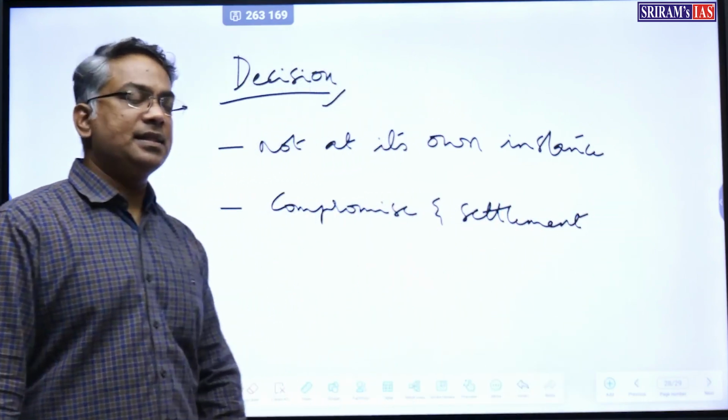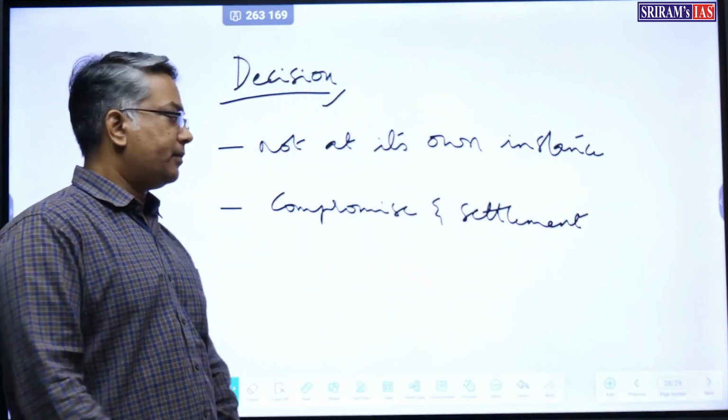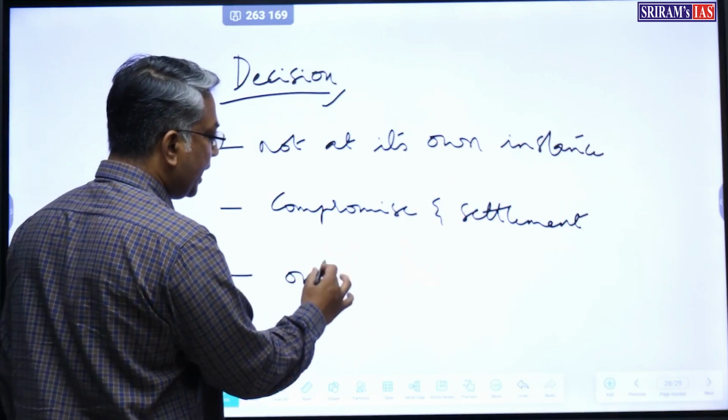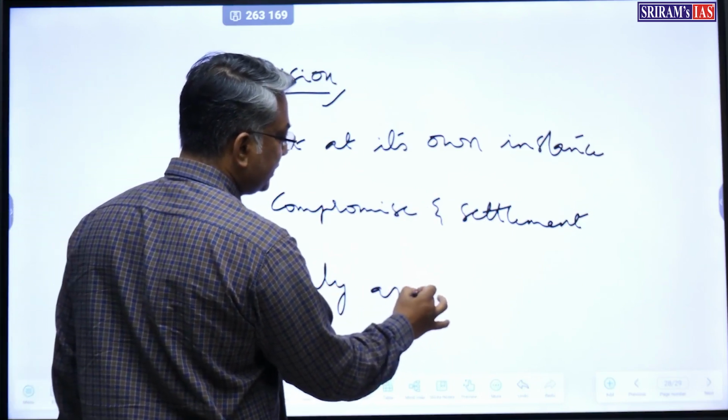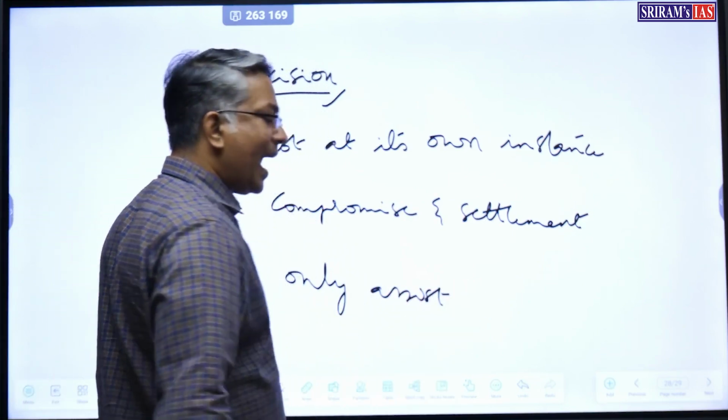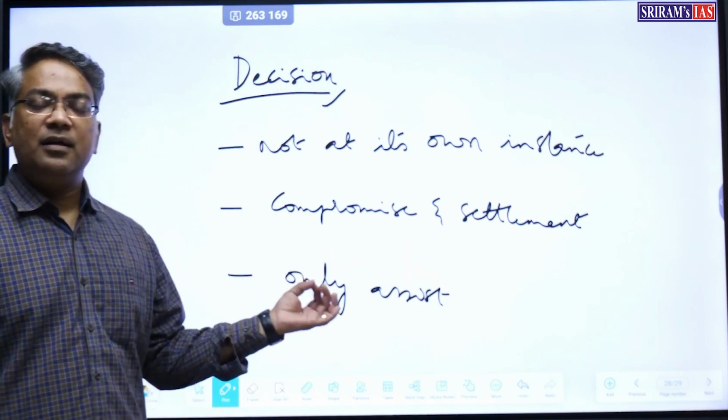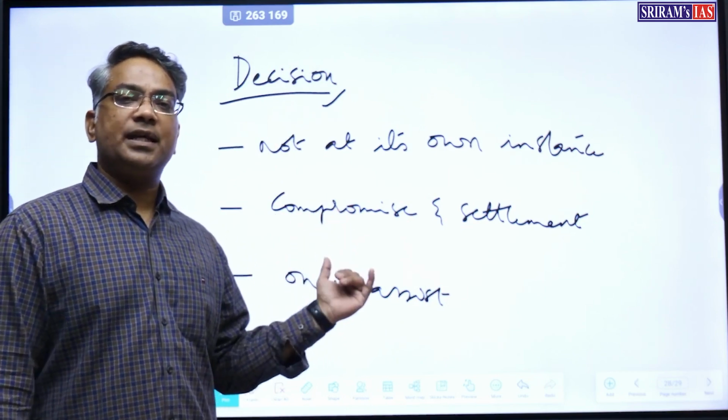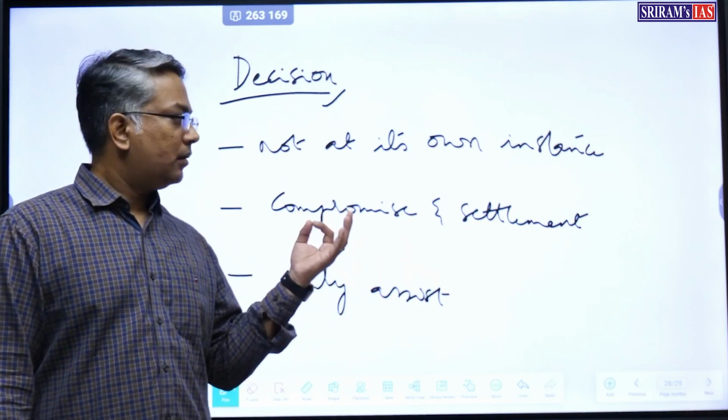That is, the parties decide to compromise or settlement. They only assist in an independent and impartial manner for the settlement of disputes in an amicable way.